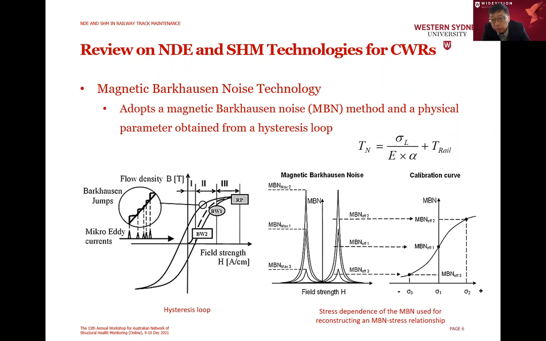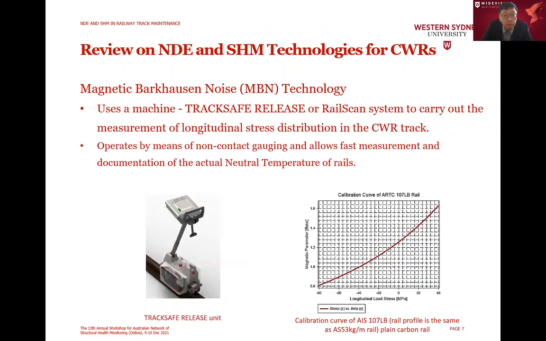The neutral temperature is Tn equals sigma L divided by E alpha, plus T real, where T real is the temperature under stress-free conditions, so we know the value. Sigma L is the measurement, and we know the material properties: Young's modulus E and the thermal expansion coefficient of the rail. Then we can determine the neutral temperature of interest.